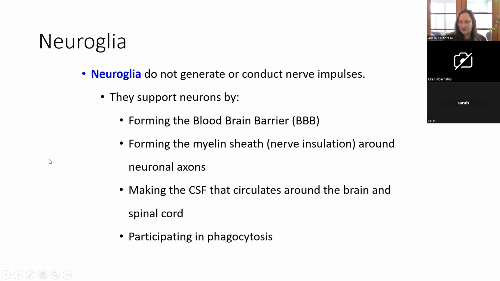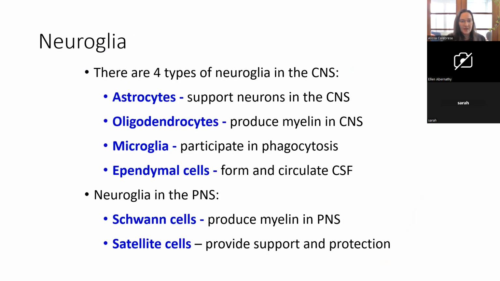All right, so let's look at some of the neuroglia then. Okay, so we have a bunch of different neuroglia that all have different jobs. So again, these are just the helper cells. Right, so the helper cells here, we'll start off with an astrocyte. So an astrocyte is a glial cell that we only find in the central nervous system.